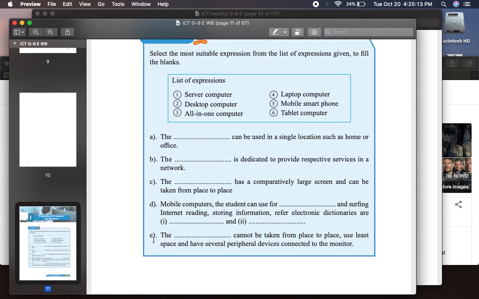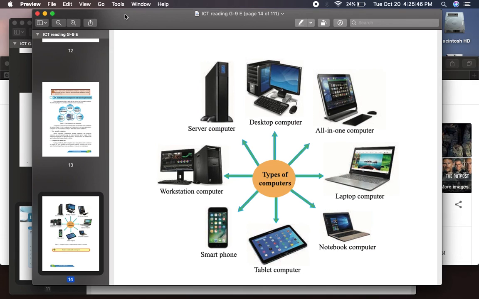Then sentence C, the blank cannot be taken from place to place. Use least space and have several peripheral devices connected to the monitor. Okay, so we don't know what the device that they are talking about here, but we know these are the devices that can be used to fill the blank. So it cannot be taken from place to place, so that means it's a large device.